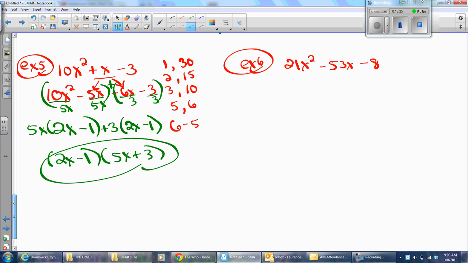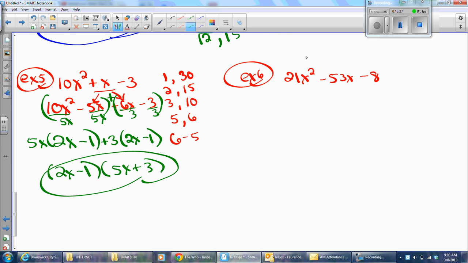All right. Last example, ladies and gentlemen. No GCF. Trinomial. Going to multiply 8 times 21, which I think is going to be 168. Going to go for the factors of 168. 2 and 84. 3 does go in. Wow, it surprised me. Okay, 3 is going to go in.